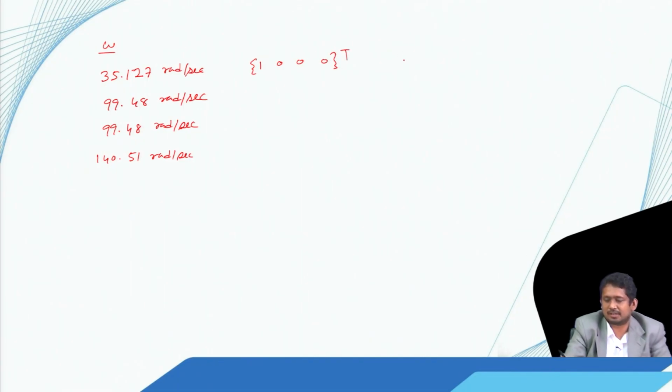So, that means the corresponding eigenvector is sin pi x by a, sin pi y by b.